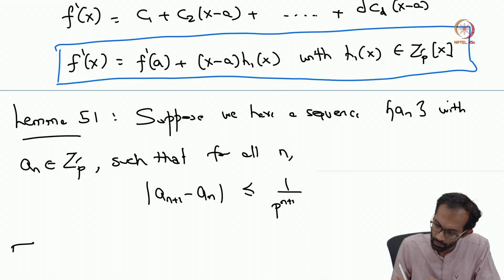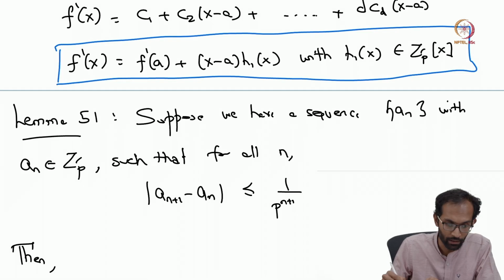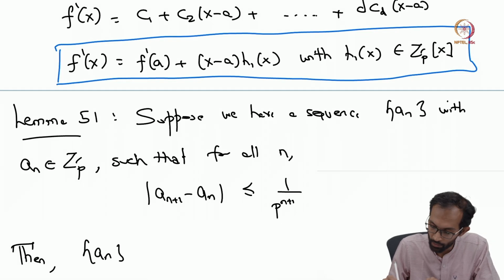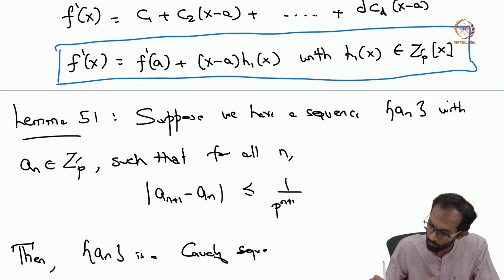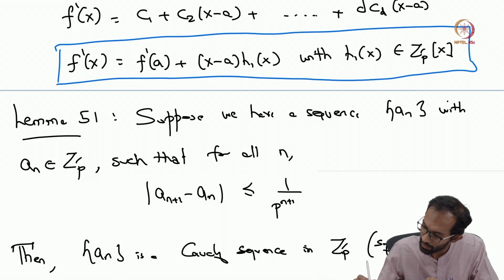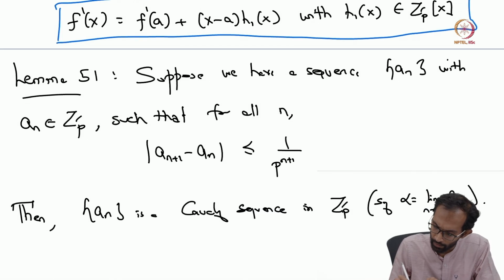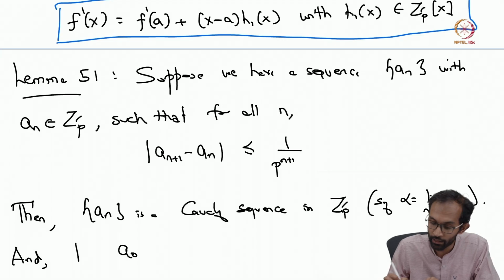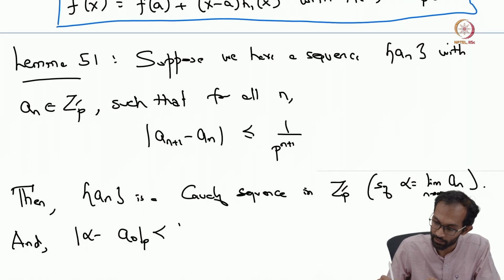Okay. So if you have such a sequence, then the sequence an is a Cauchy sequence in Zp, and let's just say that alpha is the limit of this Cauchy sequence, and what we also have is that if you take the initial term, let's call it a naught, and take its difference with alpha, the p-adic absolute value of this difference is strictly less than 1.